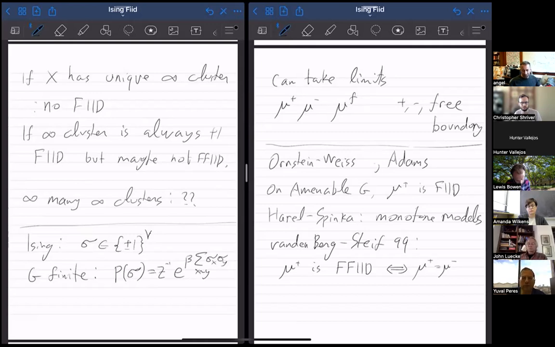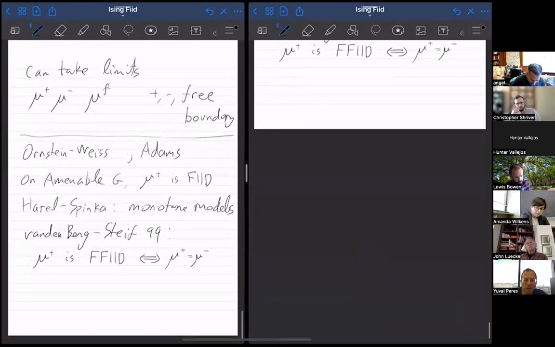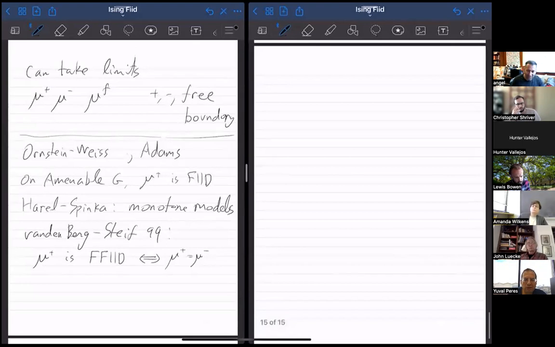On trees, things are even more mysterious, and again there was a talk by Allan Sly in this seminar a couple of weeks ago on exactly this. On trees it turns out that the free measure, so mu plus, is still a factor of IID for all beta, and it's a finitary factor if it's equal to mu minus.